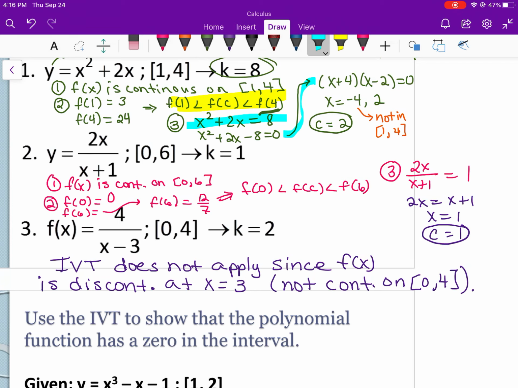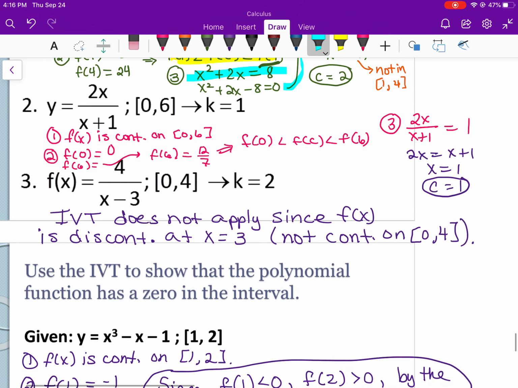However, -1 is outside of that interval from 0 to 6. So my function is still continuous from 0 to 6. Then I find f of 0 and f of 6, and then I state my inequality, and then I find my C value.